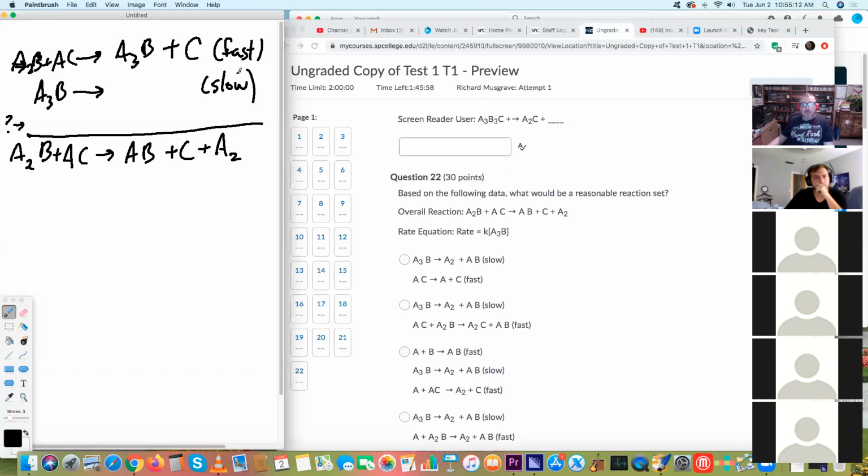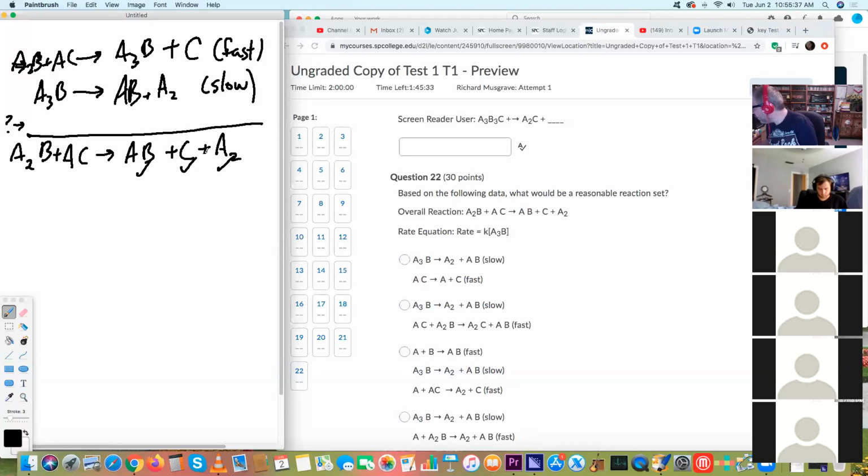In the slow step, what I want to try and do is make at least one of these products if I possibly can. But it looks like I might be able to make two of them. I could make AB and A2 out of that. AB plus A2, so I can account for both of those. I've already accounted for C as well.